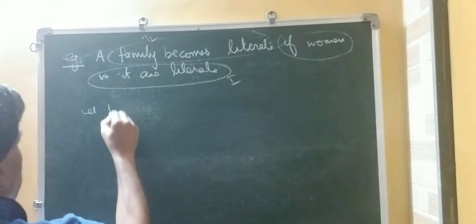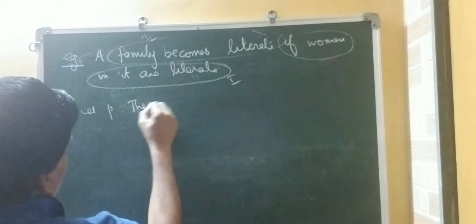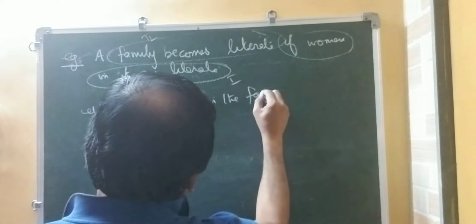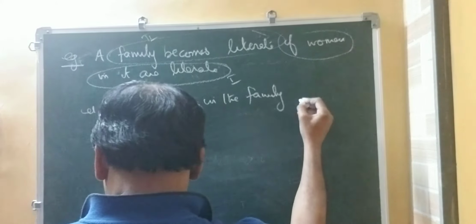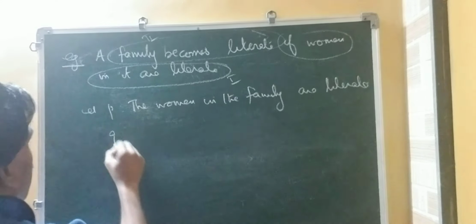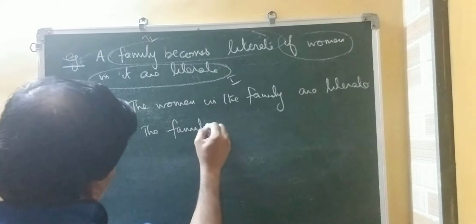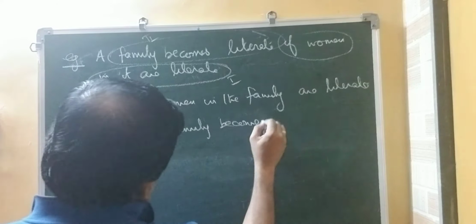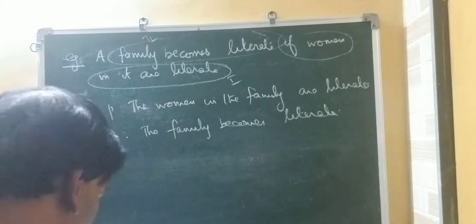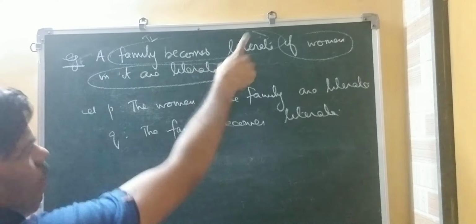Okay, so let P mean the women in the family are literate. What is Q? Then the family becomes literate. So the first statement is P: if women are literate, then the family becomes literate.